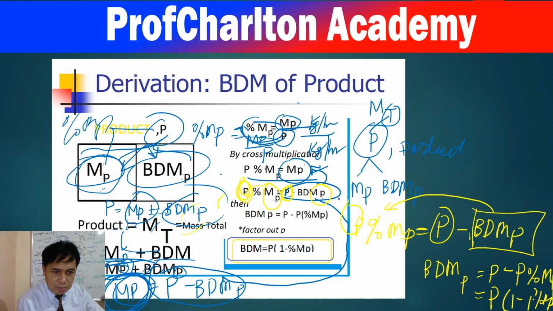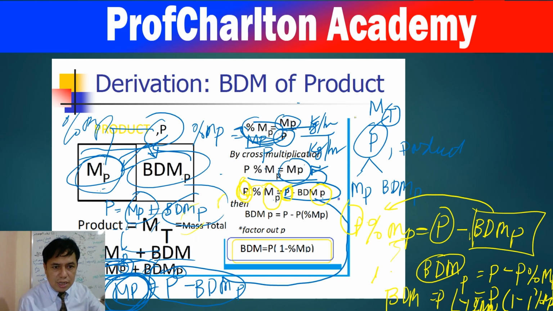So what we will be left as an equation for us, let me put it here, is BDM equals P times 1 minus percent MP. Okay, so let me write here so it will be more clear.